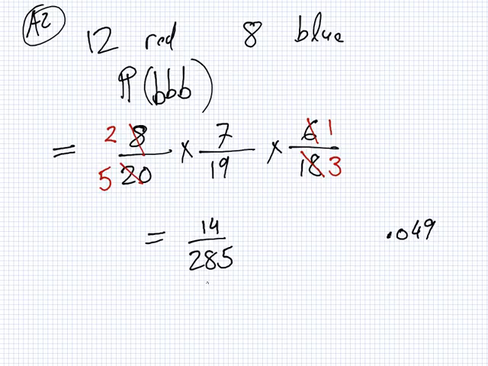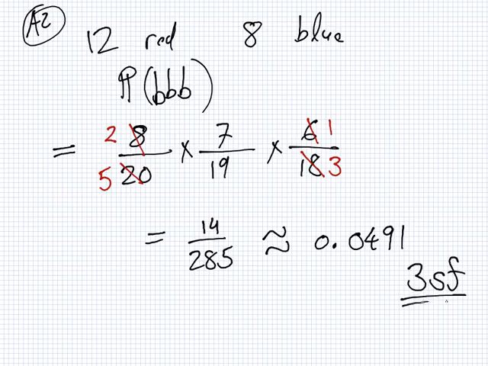And what's this one? 0.049. Tell me one more, the next one. 122. Okay. Because in the exam they want 3 significant figures. Okay, alright, so we're happy with this one.